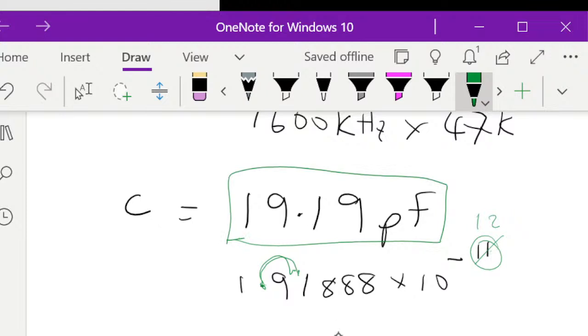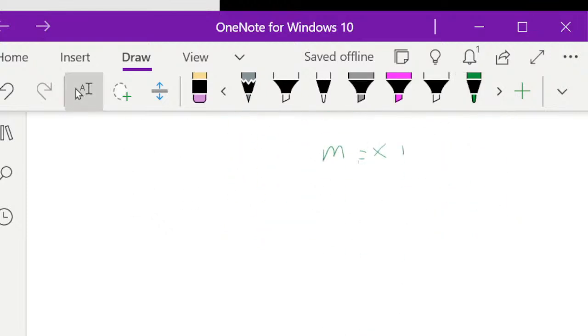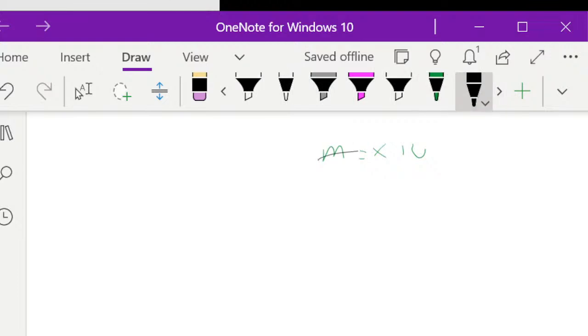And we're doing that because you know that milli is times 10 raised to power minus 3.